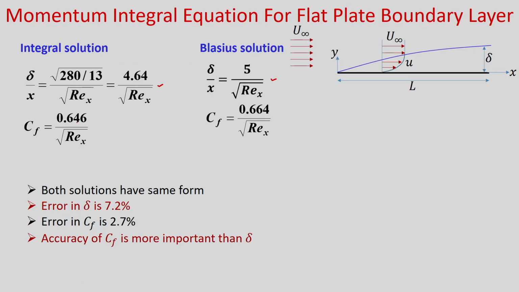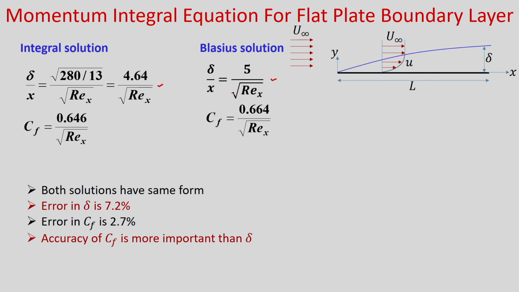If you remember from the exact solution, we found the skin friction coefficient as 0.664 divided by root Re_x. So, you can see that from the integral solution we found delta by x as 4.64 by root Re_x, whereas from the exact Blasius solution we got delta by x as 5 by root Re_x. Cf we found today from the integral solution as 0.646 divided by root Re_x, and in last class from the Blasius solution as 0.664 by root Re_x. So, both solutions have the same form.